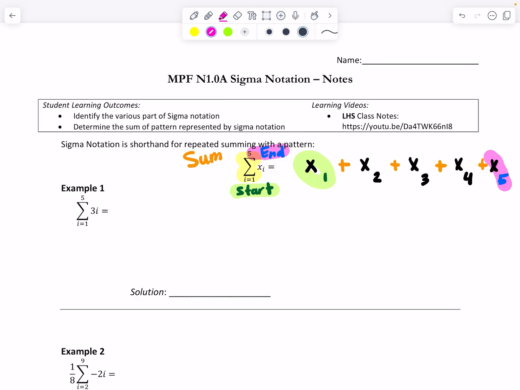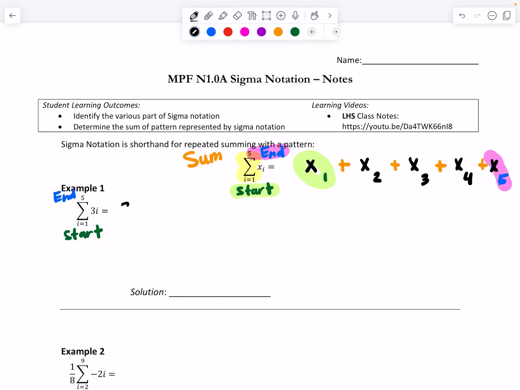In example 1, it tells me to take the sum of 3i, starting at i equals 1 and stopping at i equals 5.